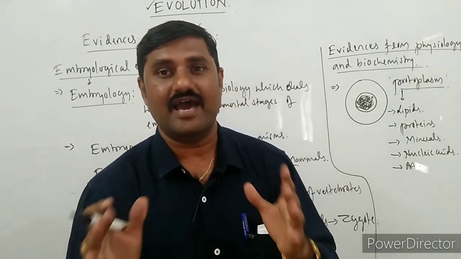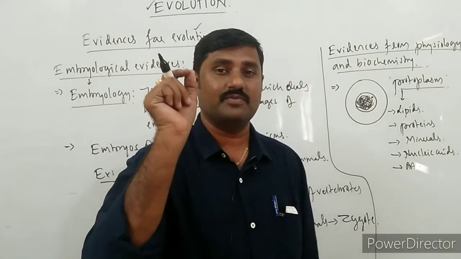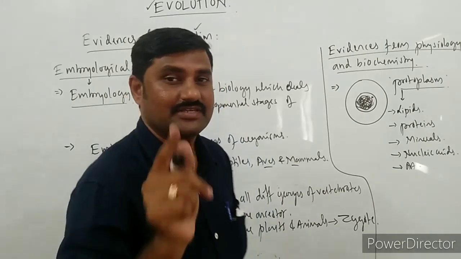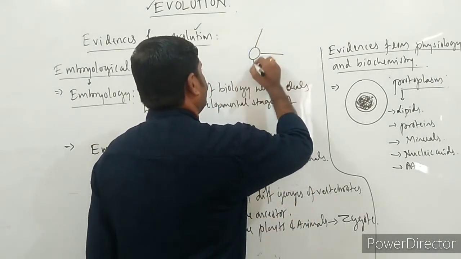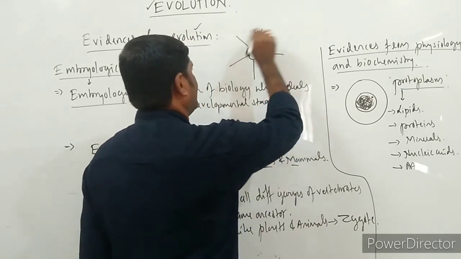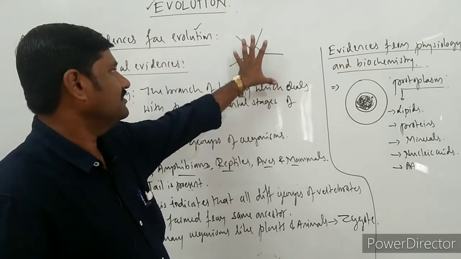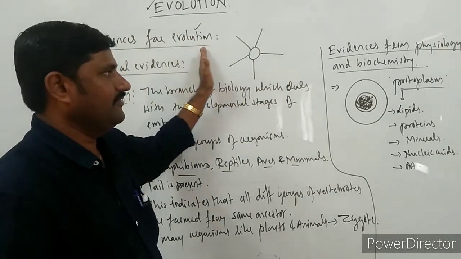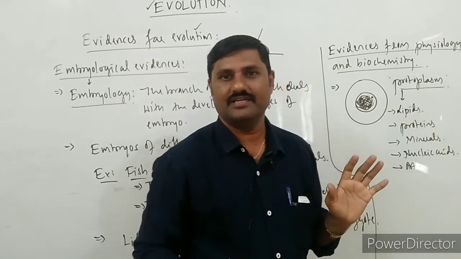It suggests that all these different groups of organisms are formed from a single ancestor. This is a single ancestor from which different groups of organisms are formed. So this is showing the best evidence for evolution. What shows it? The biochemistry, right?